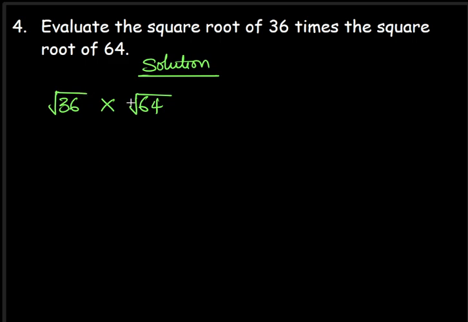Let's start from there. Square root of 36 times square root of 64. What would that give us? Square root of 36 is 6 times square root of 64 is 8. So if we multiply this, 6 times 8 will give us what? That will give us 48.